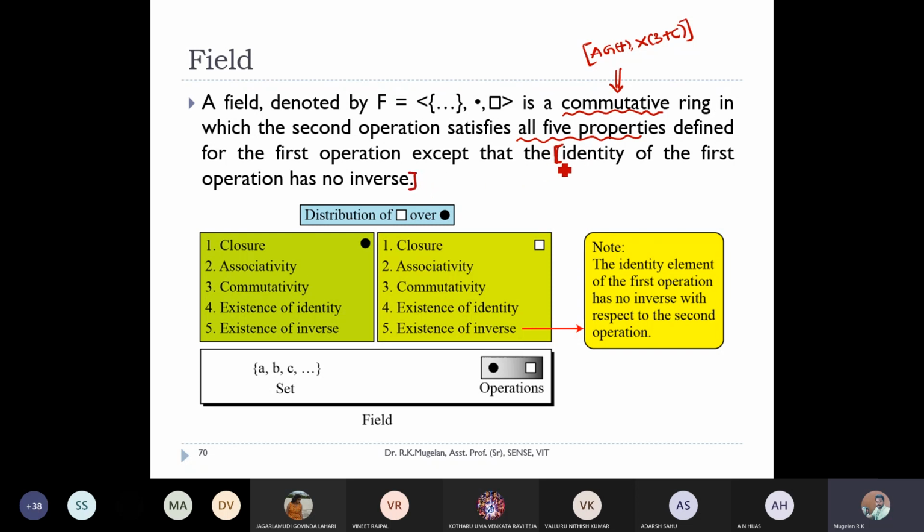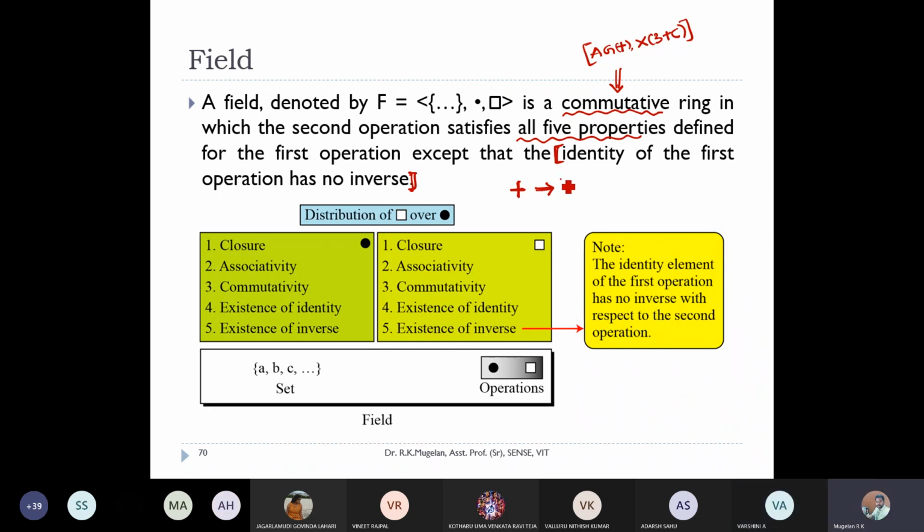So what is this identity of the first operation? The first operation is addition. What is the identity element of the first operation? Can you people tell? Identity element of addition? Just now, 10 minutes before, we discussed. Zero. Yeah, perfect.